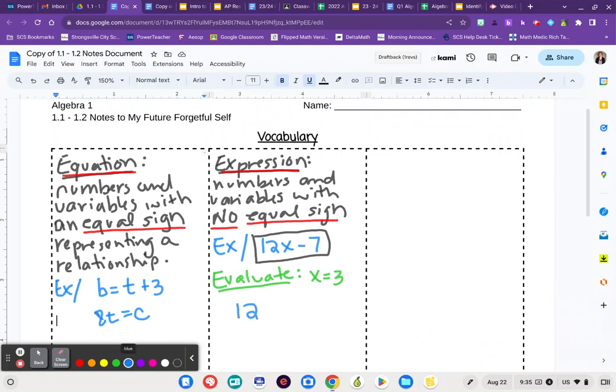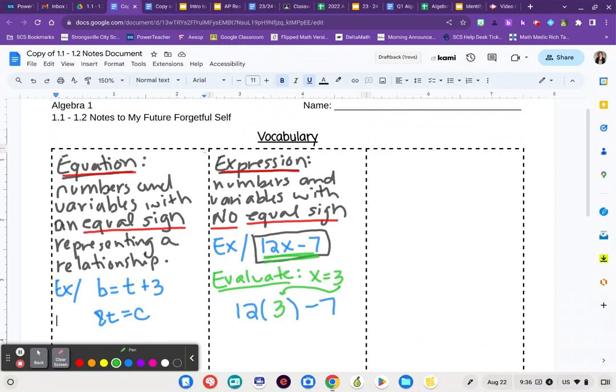So 12, but in place of x, I'm going to put parentheses, and I'm going to rewrite, instead of x, a 3. So I'm taking the same expression that I was given, 12x minus 7, but I'm asked to evaluate when x is 3. So I'm going to replace the x with 3.